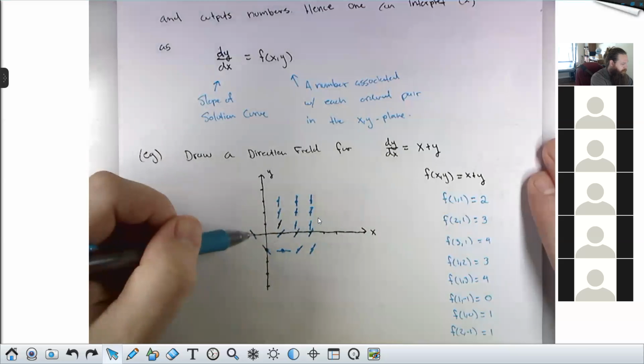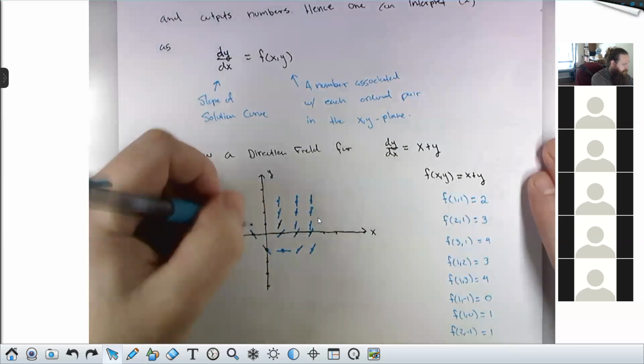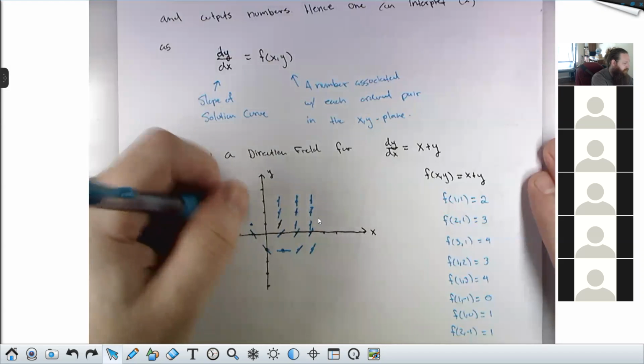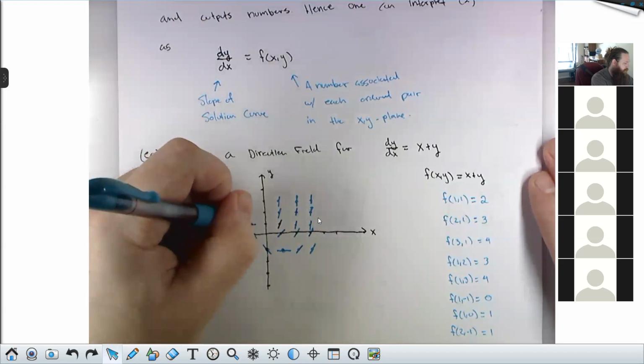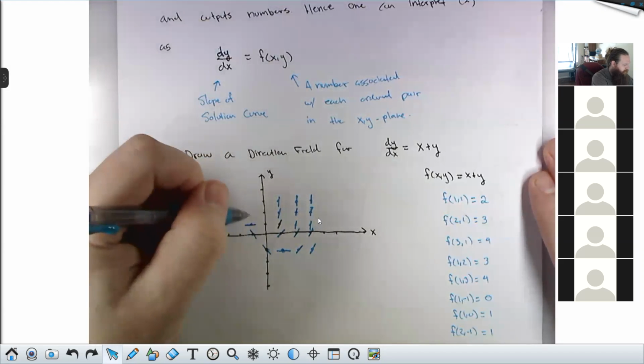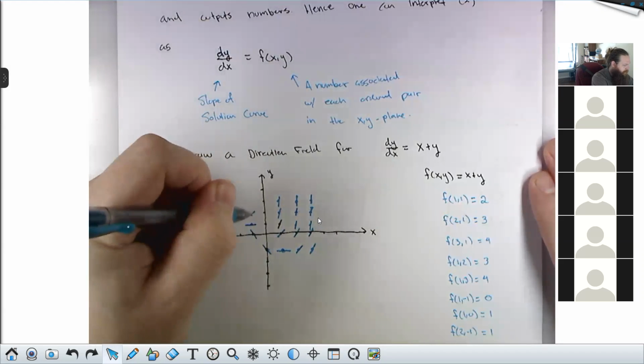If I plug in -1, -1, which would be -1, +1, that would be slope 0. Right. Yeah, so -1, +1, that would be this. -1, +2, that would be slope +1.